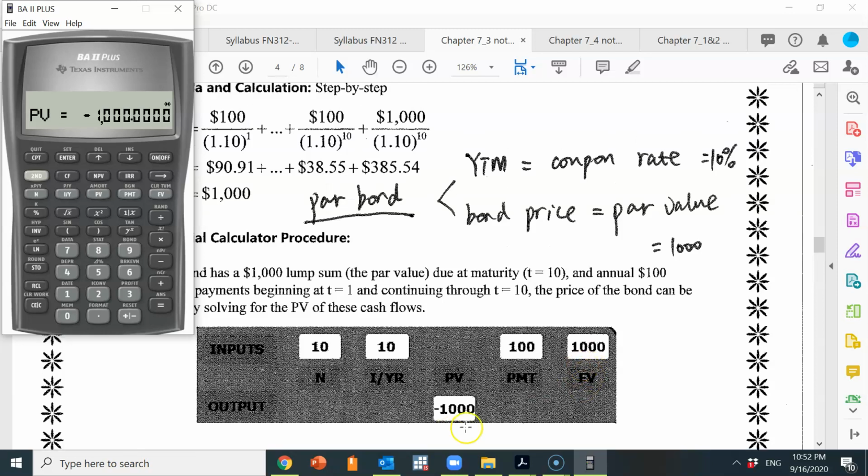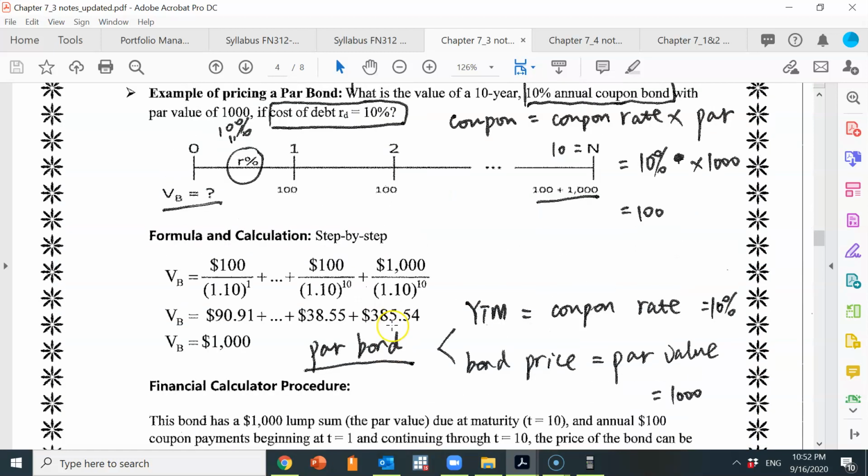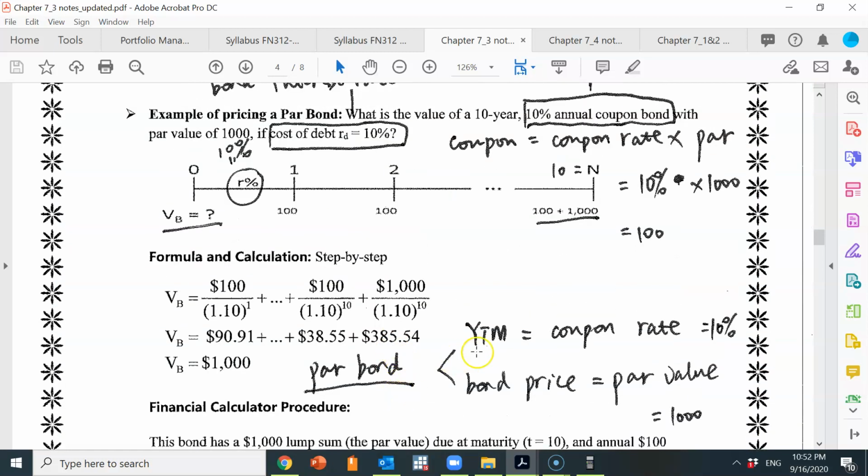For this particular bond, we call it a par bond because it meets two criteria. First, our yield to maturity, or cost of debt, or interest rate is 10%, given by the question, and our coupon rate here is also 10%. Remember, we use this 10% coupon rate multiplied by par value 1,000 to get the coupon payment 100.